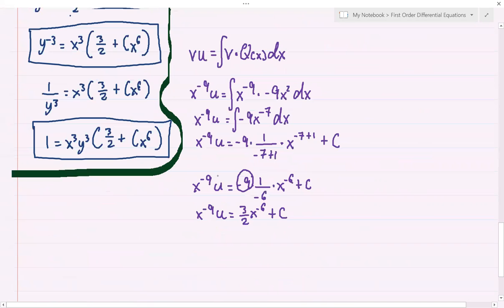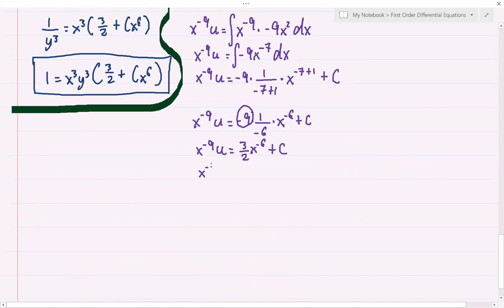So therefore, we will substitute this back. So you have u is equal to y raised to negative 3. That's it. In this case, we can now stop right here. So this is now your general solution. Or we can still simplify this one.